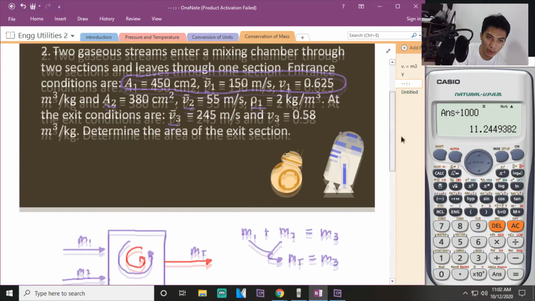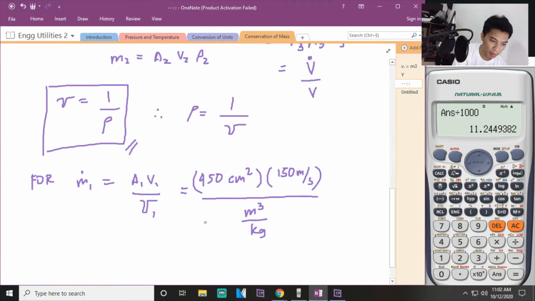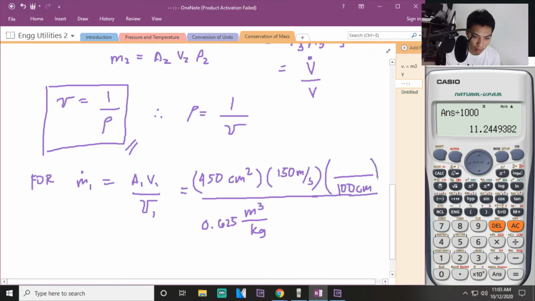Anong binigay sa kanya dito? 0.625. Okay. So, kailangan natin tong i-cancel out yung cm squared. So, we will multiply that with the conversion of unit. So, 100 cm divided by 1 m, squared natin kasi naka-square to.